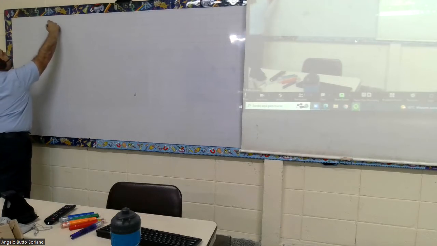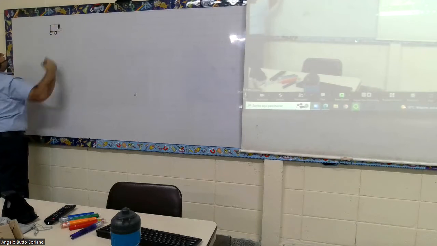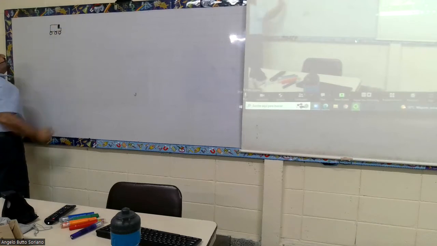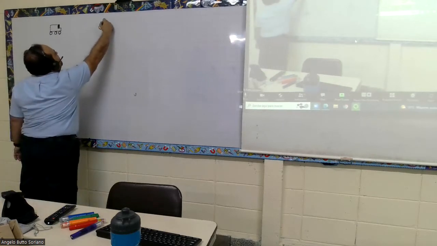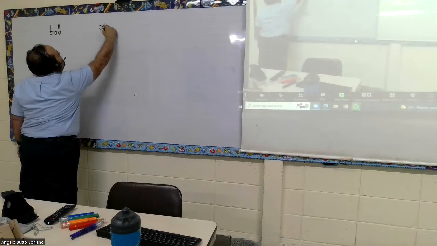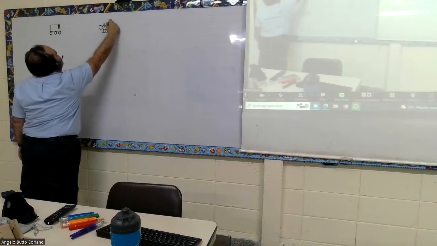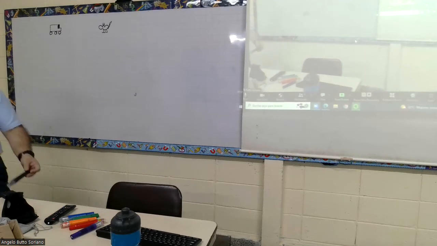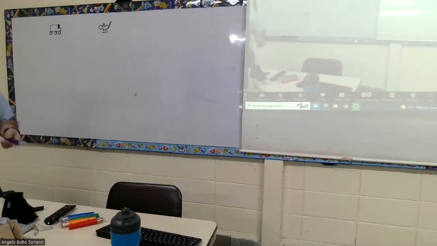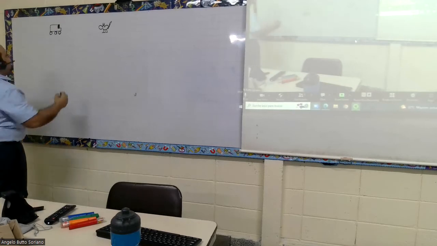This is the cable car, and this is the dog. A nice, huge dog. According to the problem, at the beginning the driver moves at some initial velocity.